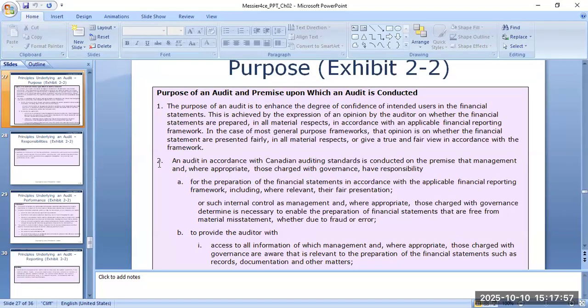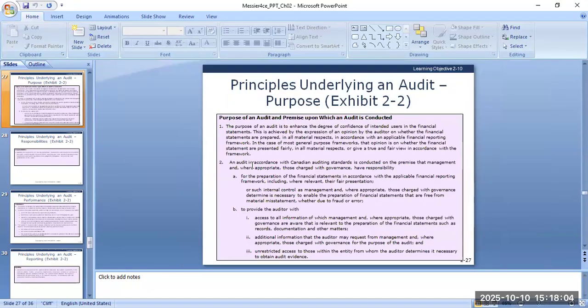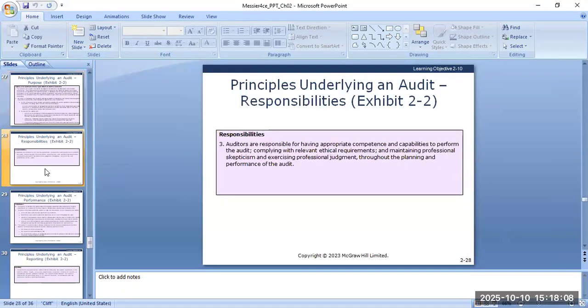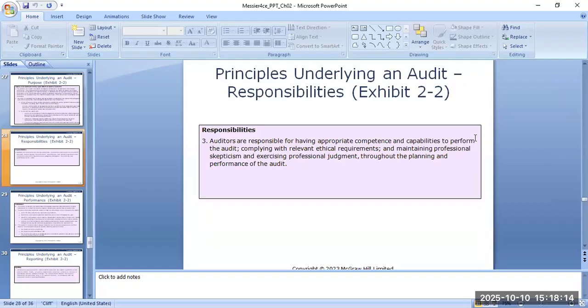And it keeps going. I'm not going to read you the standards. Again, I'll try to get you an extract from the standards if you're interested, so you can see what the responsibility is for the auditors.